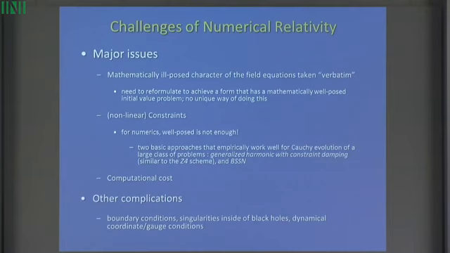The other problem, which has also been alluded to in several of the talks, is just the computational cost of solving these equations. And it's not just because there are thousands of terms when you do the sums. It's because the interesting problems that we want to go after have a large range of relevant spatio-temporal scales that need to be resolved. Now, the other difficulties, which I'd say are somewhat minor but also complicate things, perhaps unique to the field equations, are the fact that we're dealing with space-times with singularities, inside of black holes for the most part.